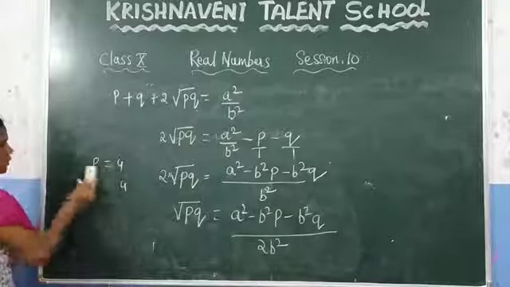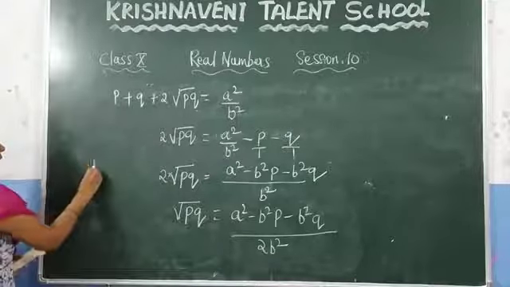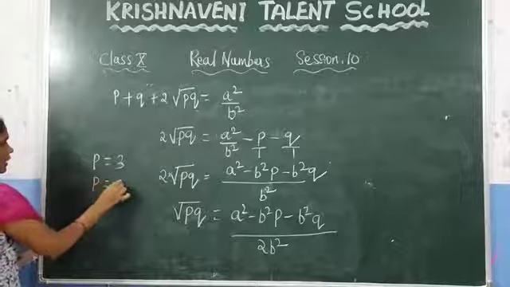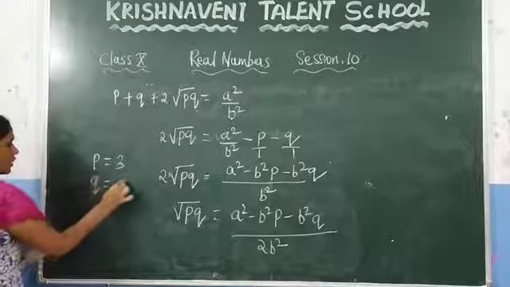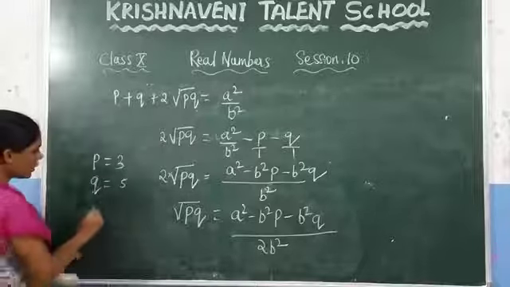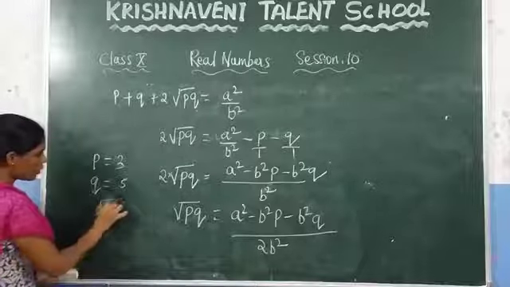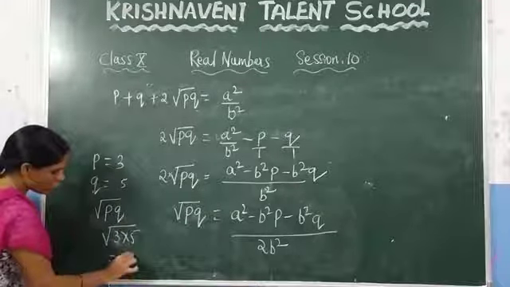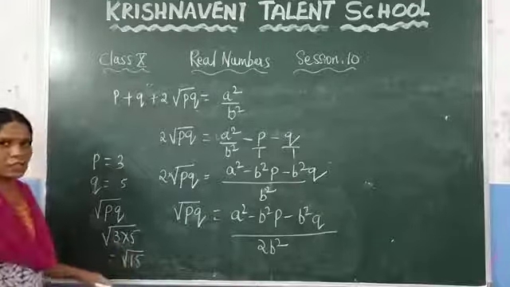If they are primes, what will happen here? Consider the p value as 3 and the q value as 5. You know that 3 and 5 are primes. Now calculate the value of root pq. Here, what is the value of root pq? It is nothing but root 3 into 5, and you know that this value is root 15, which is an irrational number.